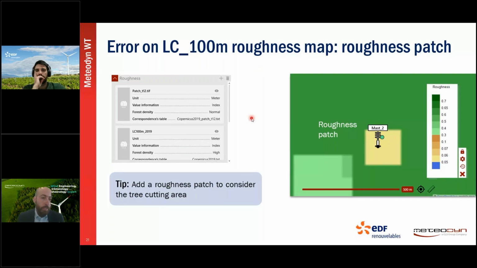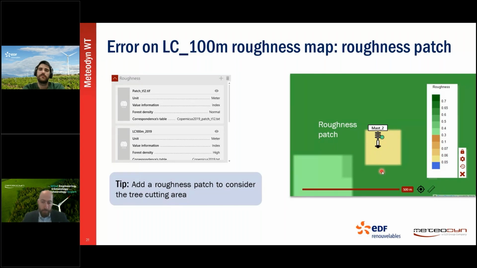You can create this TIFF file with a GIS tool like Global Mapper, and then import this TIFF file in the software. You can customize the roughness length, and you can combine different maps to correct it. So this is what we see here: this new roughness area.